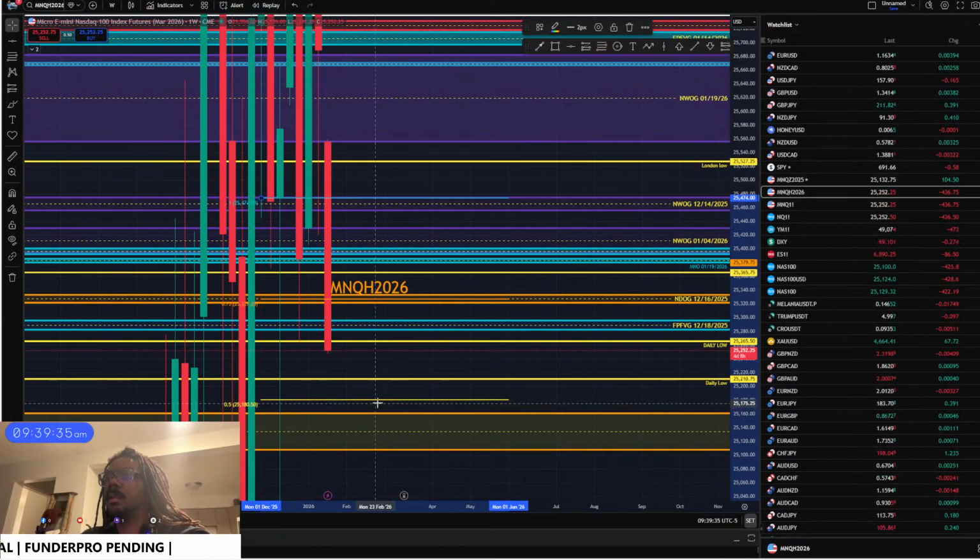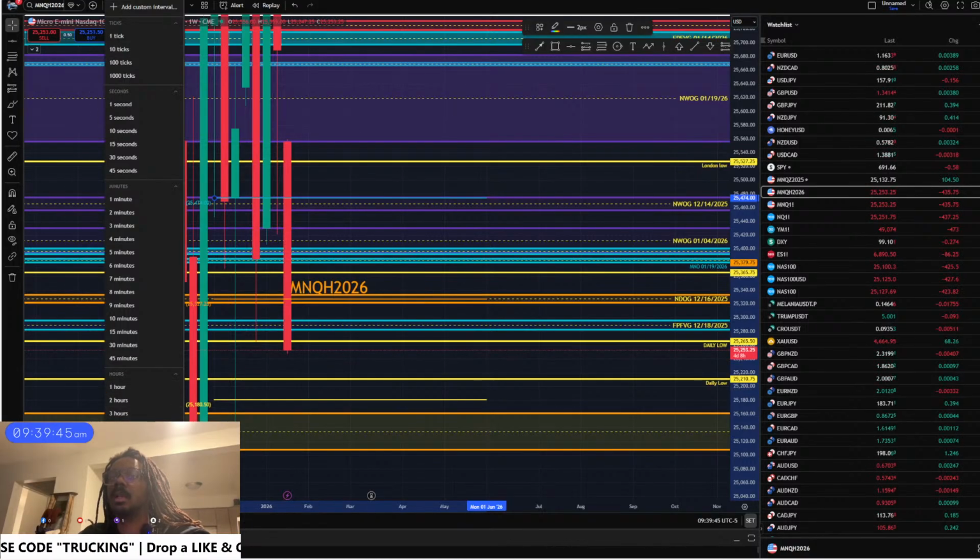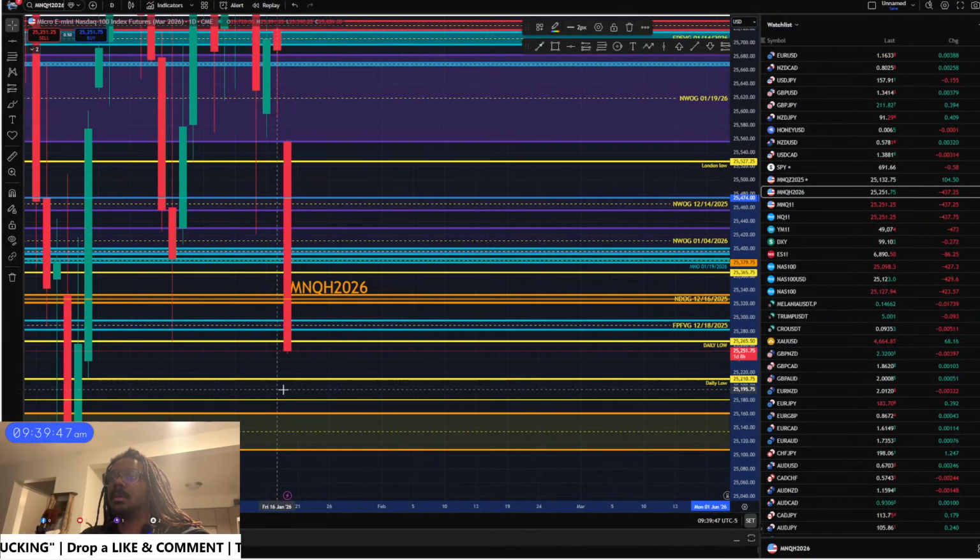So I will be looking for the midpoint of this wick right here to be hit. So it looked like we might be just taking sales today. I'm gonna drop back into this daily. Yep, then we got liquidity down here on this daily time frame as well.